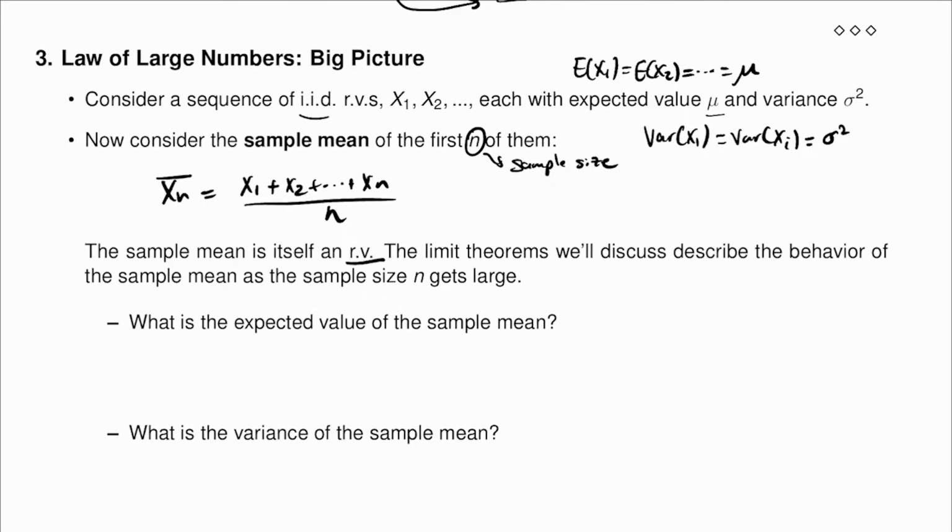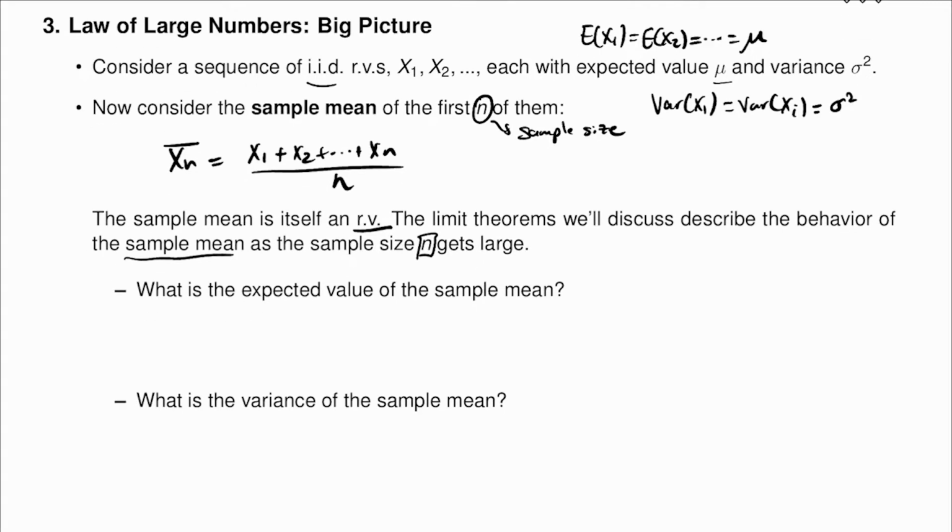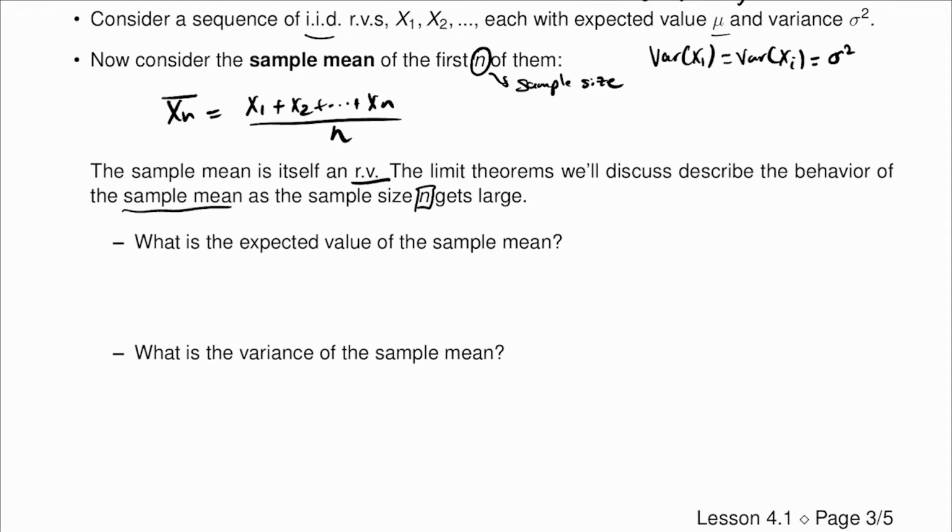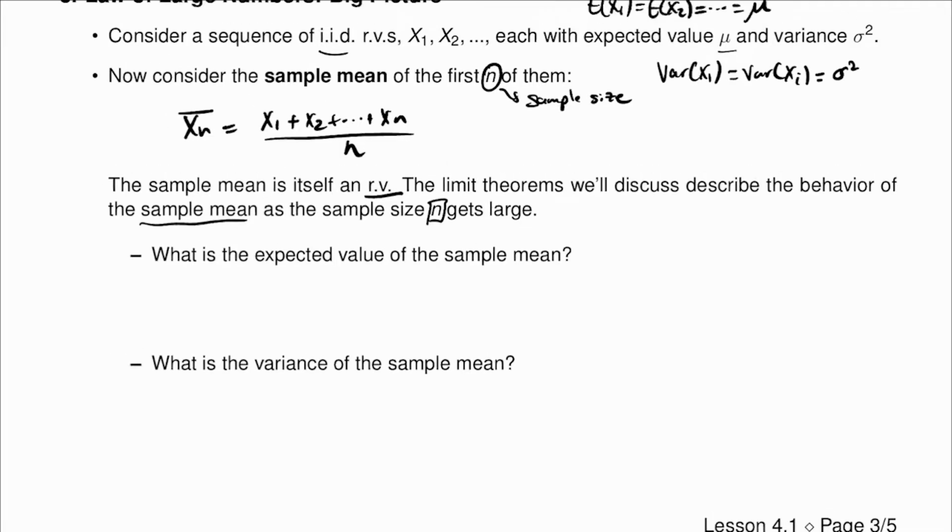The limit theorems we are going to discuss describe the behavior of this random variable, the sample mean, as the sample size n gets large. What is the expected value of the sample mean? Well, by definition, this random variable is the sum of x1 until xn, over n.